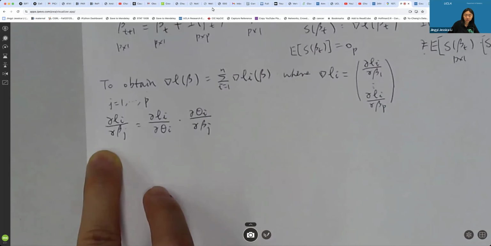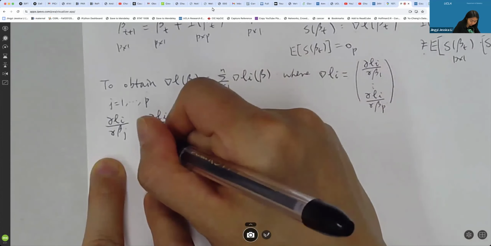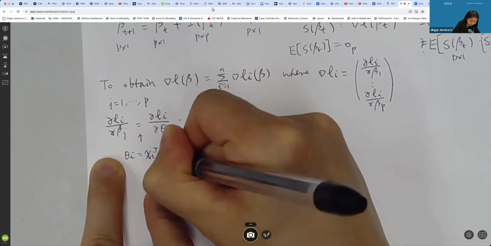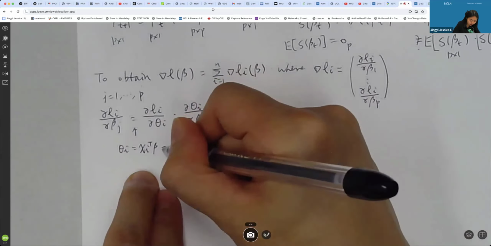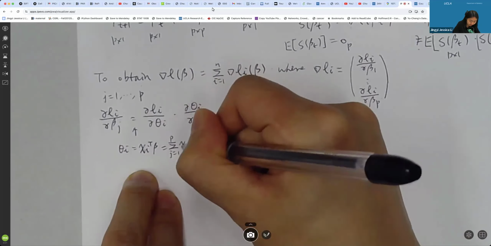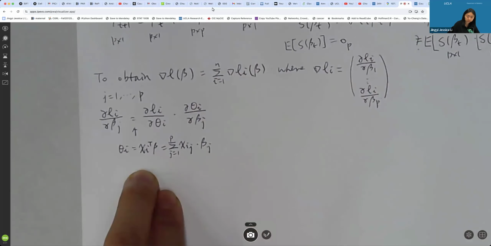This is what I will do. And don't forget that we have theta I defined as xi transpose beta. By writing out this inner product, it is the sum over j from 1 to p of xij times beta j.